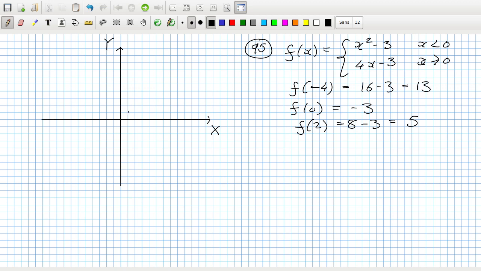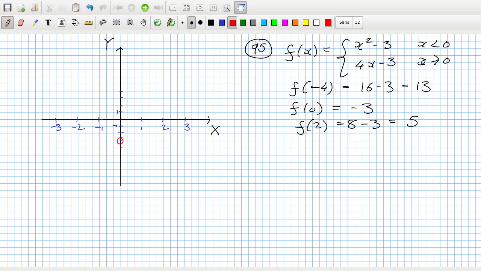So let's see now. We'll go minus 1, minus 2, minus 3, 1, 2, 3. And we'll go 1, 2, 3, 4, like that. 1, 2, 3, 4, like that. Right. So negative, it's a quadratic. At 0, you don't actually get minus 3, because you don't actually reach the 0.